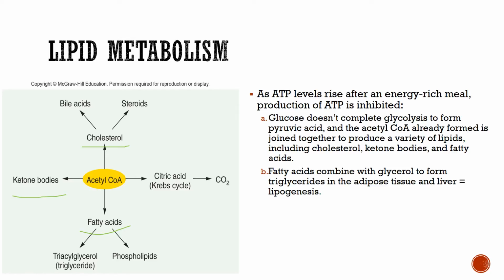So the fatty acids are going to join with glycerol and then form triglycerides in our adipose tissue and then within the liver. This is where we have lipogenesis, the generation of lipids. Over time, if we have excessive amounts of lipogenesis, that means we have excessive fat buildup within our different organs.